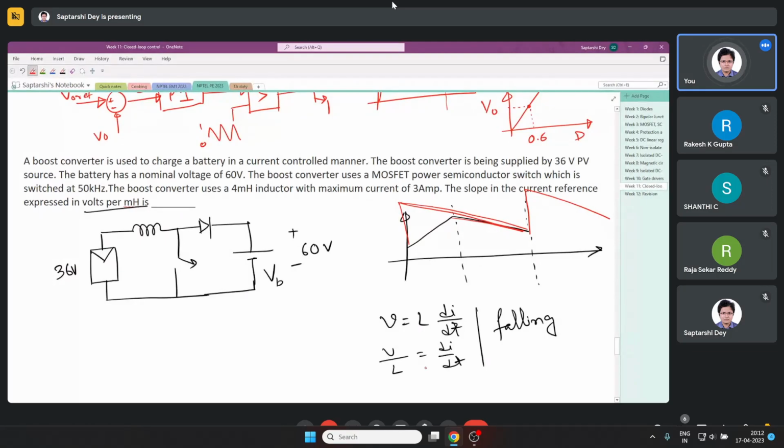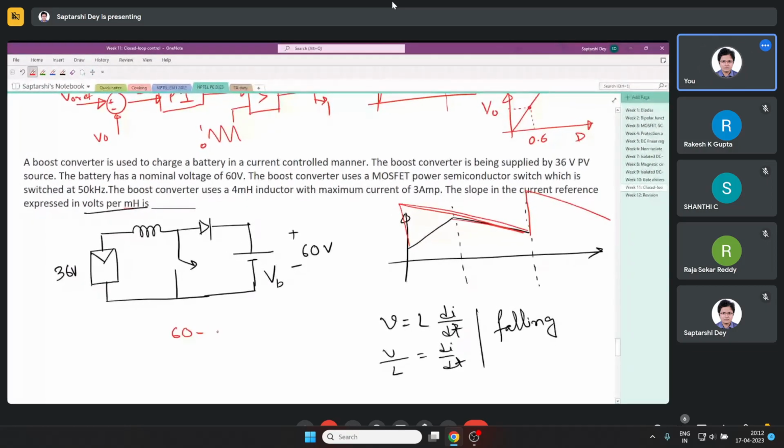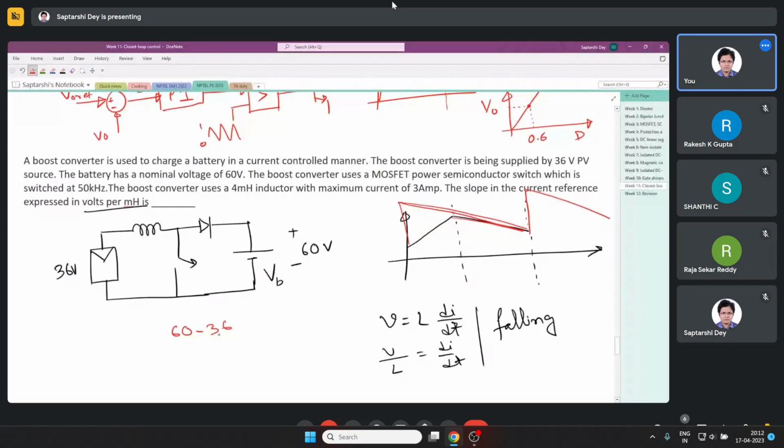So V by L. What is the voltage across the inductor when the current is falling? Voltage across the inductor is 36 minus 60. If I take a mod, then 60 minus 36, volt per millihenry they are asking.